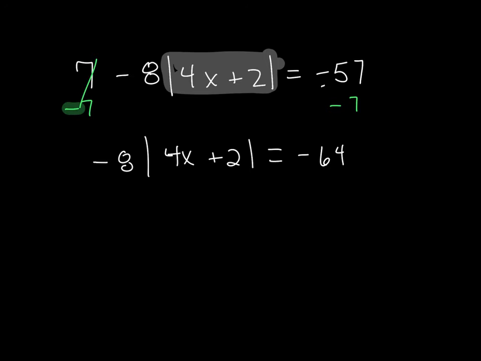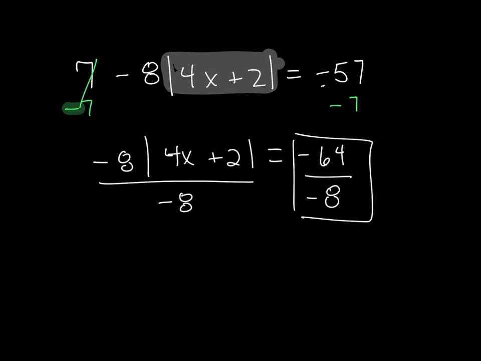Now this time, when I divide both sides by that negative 8, the negative over a negative on this side becomes a positive, which is so much nicer because now I have the absolute value of 4x plus 2, because those 8s canceled out, is equal to 8.